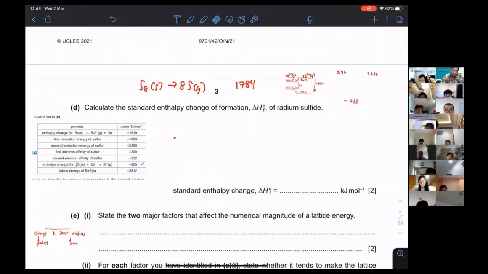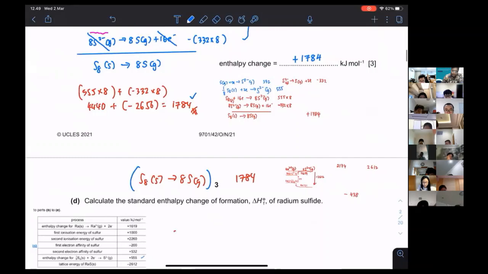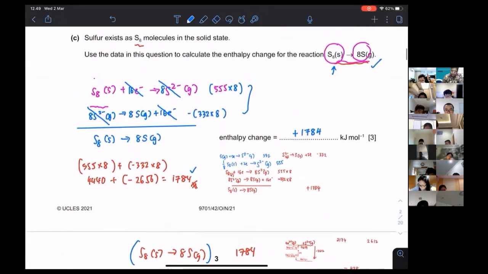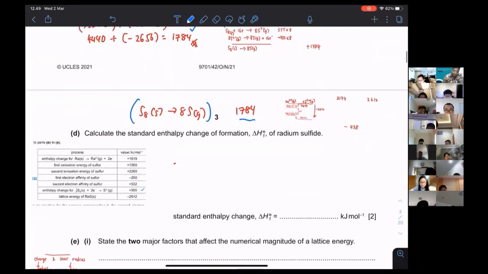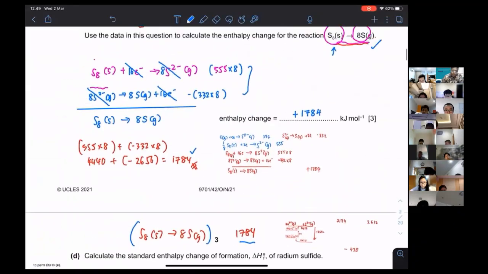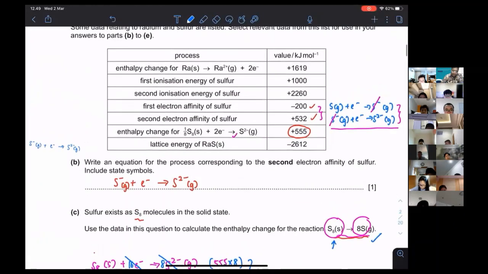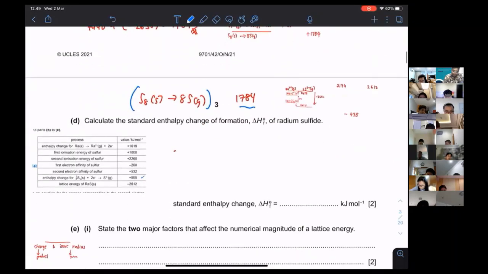So I took the data that I calculated just now, S8 solid to become 8S gas. I just put over here 1784, just in case I need it on top of all the information that I have over here. I took all this information and I brought it over here, so that when I calculate, I can use that.